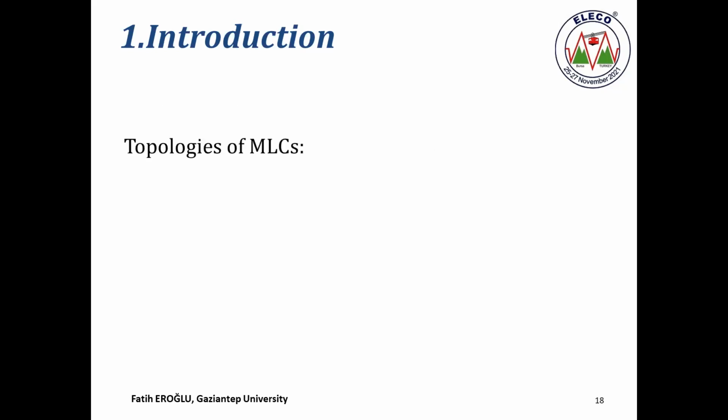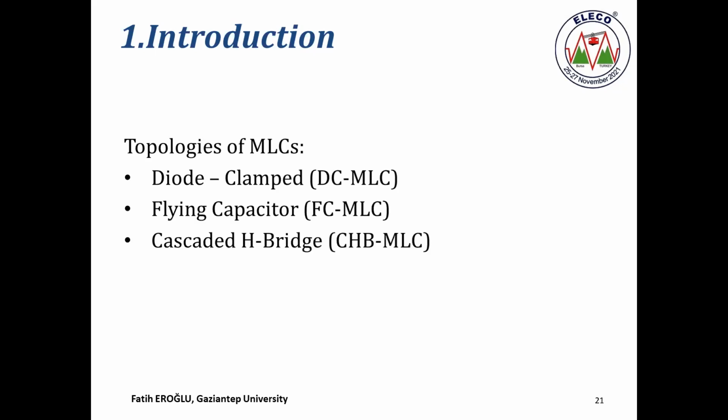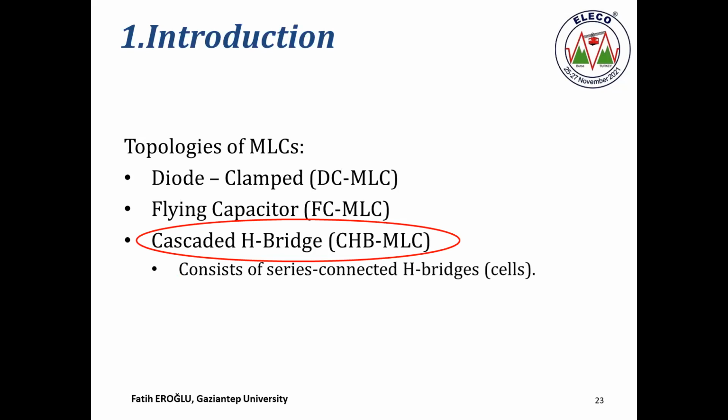There are three main types of multi-level converters. The first one is the diode clamped multi-level converter, the second one is the flying capacitor, and the last one, which is also the one that we used in this paper, is the cascaded H-bridge multi-level converter, and it consists of series connected H-bridges.